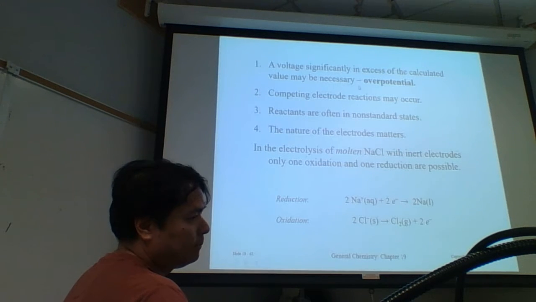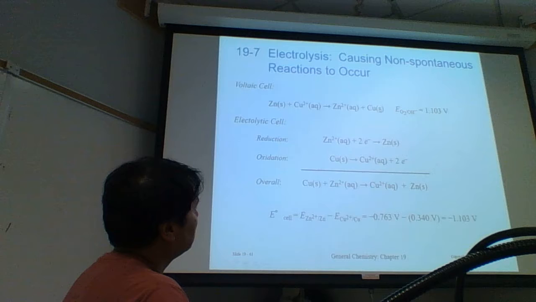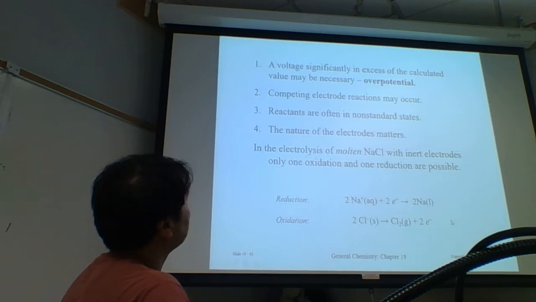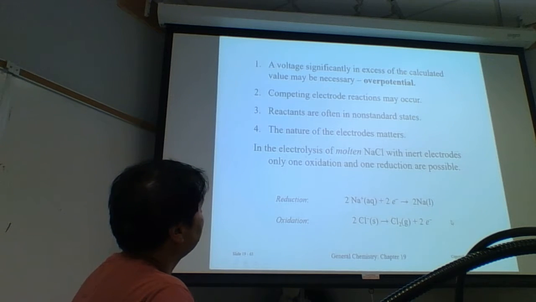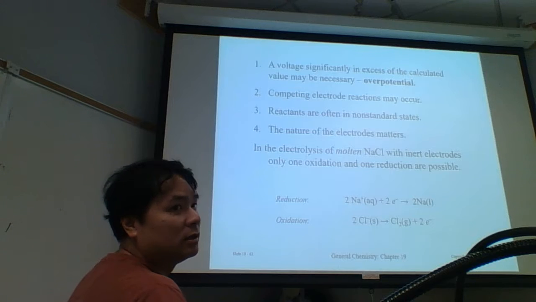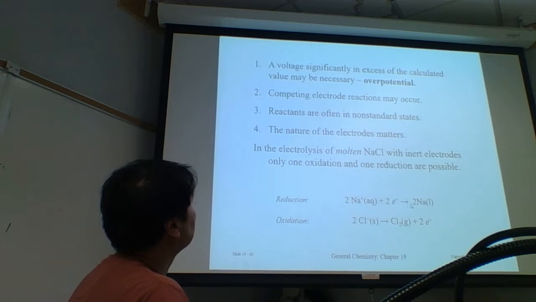Some things here. It looks like we just have to apply a voltage of 1.1 volts in the reverse direction. But it turns out we have to apply more than that because of something called overpotential. A voltage significantly in excess of the calculated value may be necessary. It depends on how the reaction occurs.